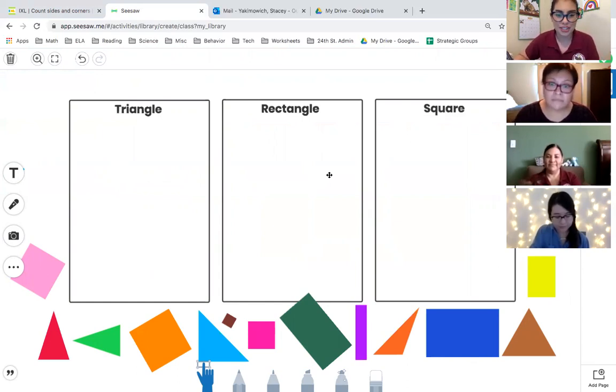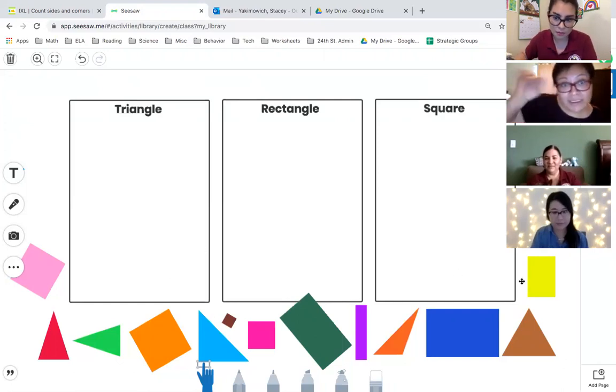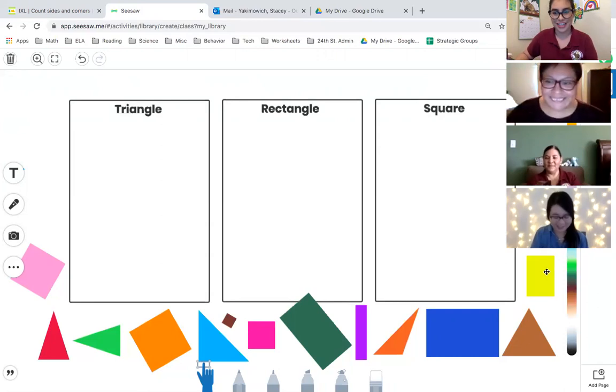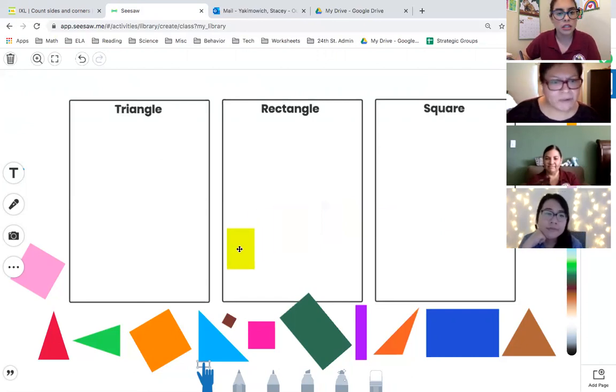All right, so teachers, which shape should we start with first? Ms. Rosales, go ahead. I got excited with that yellow shape right there. Ooh, this yellow shape? Oh, yes. All right, so we're looking at this yellow shape, and let's move it around. What shape do we think this is, Ms. Rosales? Well, it can't be a triangle because it doesn't have 3 corners.